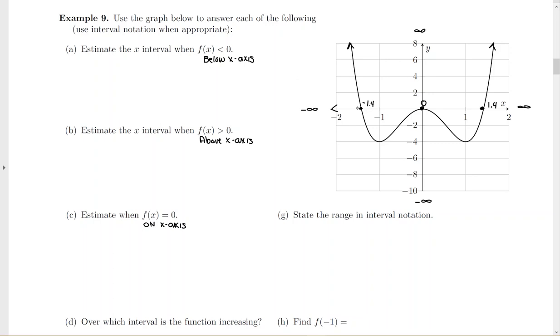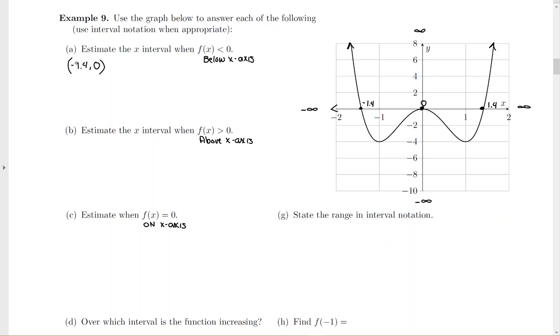You're below the x-axis. So we can see starting here at -1.4 all the way over to 0, we're below the x-axis here. So starting at -1.4 to 0, parentheses on both of those, because we want to be below.